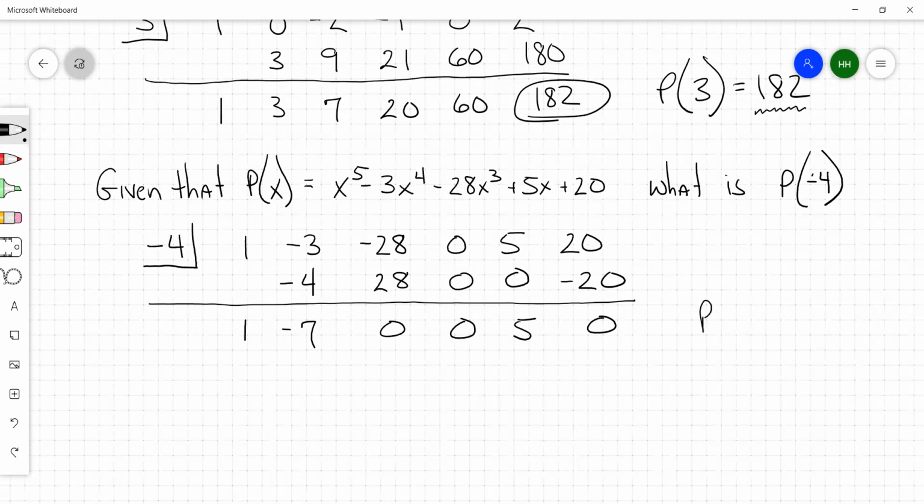So your P of -4 is equal to 0. Everybody all right with that?